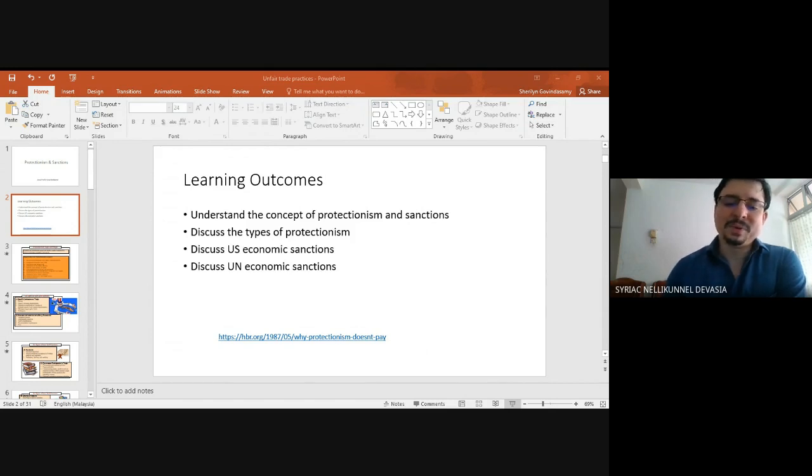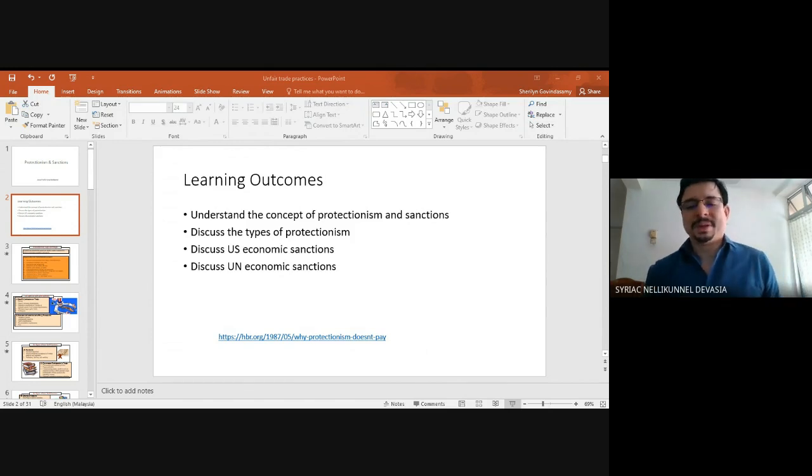Okay, now we move on from there to multi-fiber agreements. So let's understand what a multi-fiber agreement is. It's nothing but setting a quota limiting the amount of imports of textiles and clothing from developing to developed countries, from Asia to Europe, from let's say China to US, from India to US.